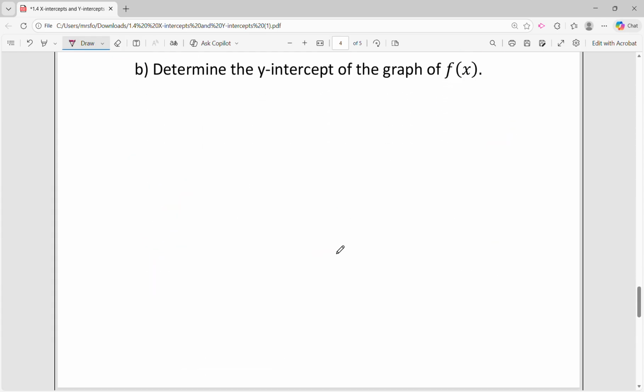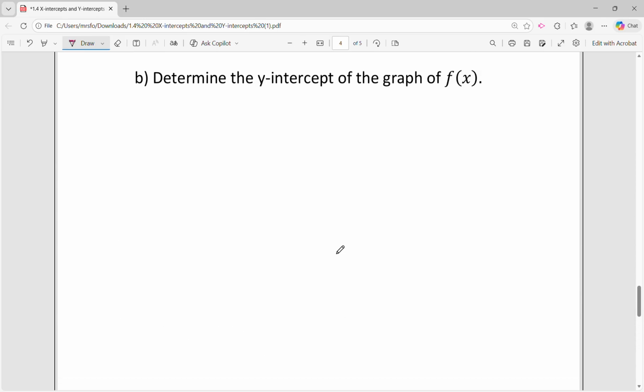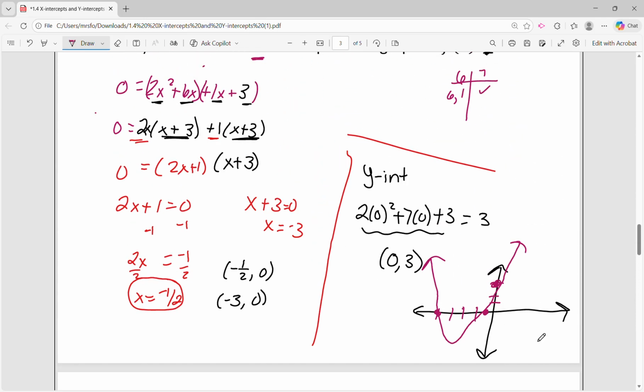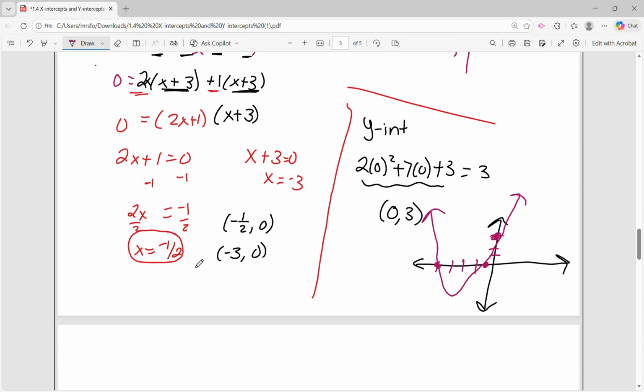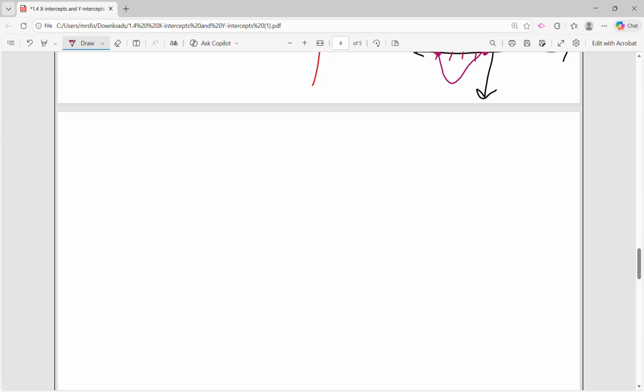All right, so now sometimes the factoring may not work and you'd have to use the quadratic formula. So I'm going to make a note of that. Sometimes you might not be able to factor, so sometimes you may have to use the quadratic formula.